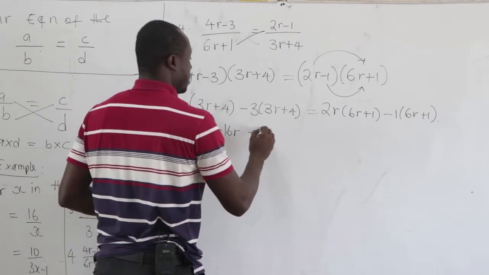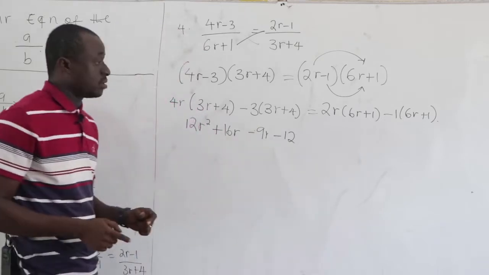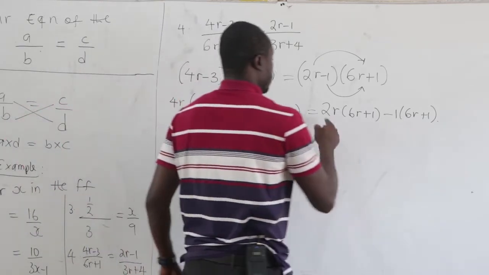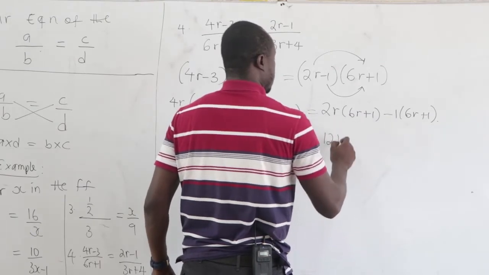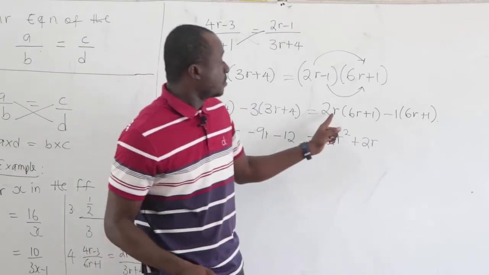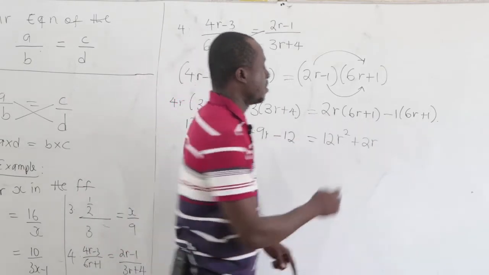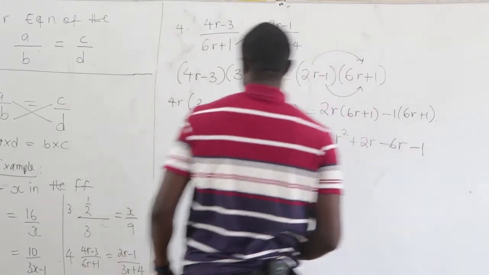Now plus 16r. Now this time that's negative 9r minus 12, because negative 3 times 4, that's what? Negative 12. Now, 2 times 6, that's 12. r times r, that's r squared, plus 2r. Now, let's see. This time we have negative 6r, and then this time that's negative 1.